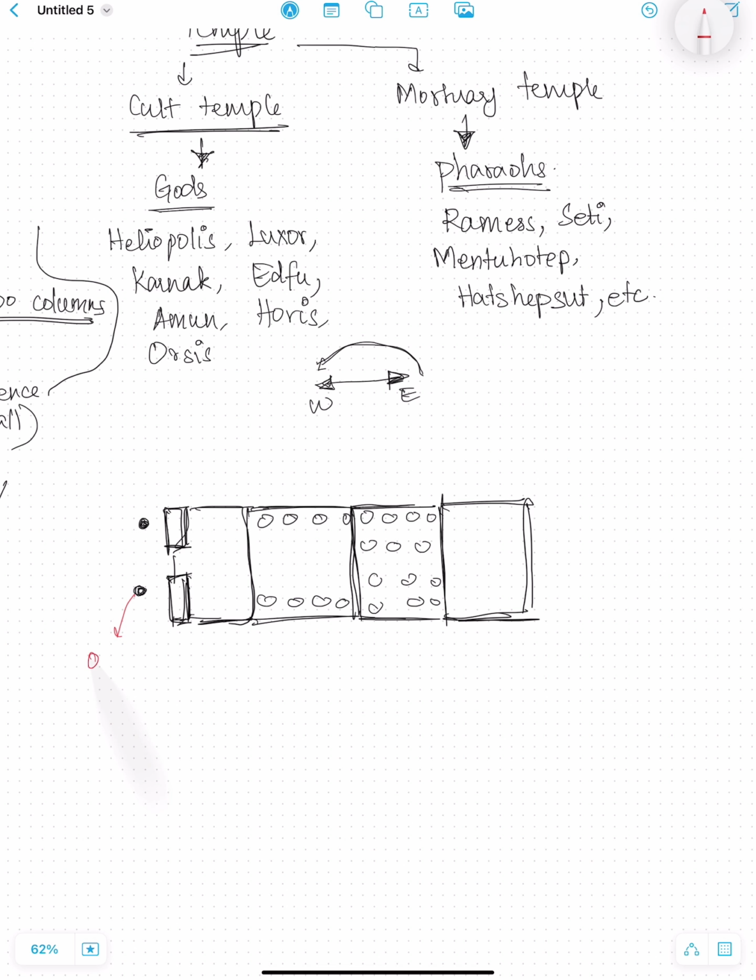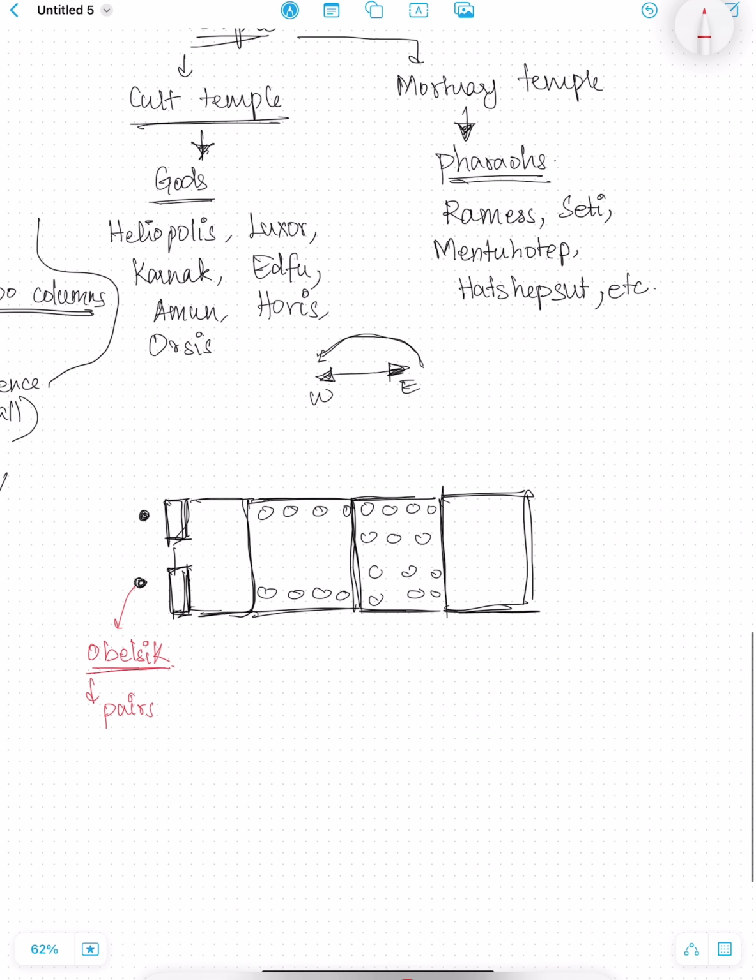This is your obelisk. These were generally in pairs, and they were placed in front of the temples, and these were considered as a sacred symbol of the sun god.